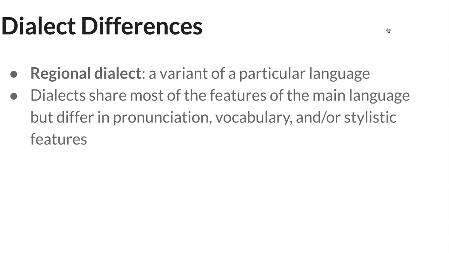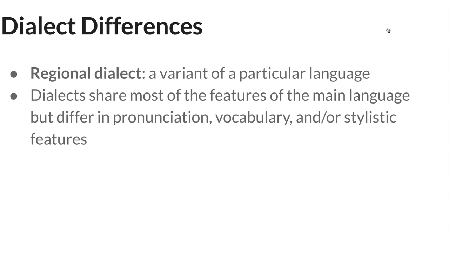So, some dialect differences. Number one, we can have a regional dialect, which is a variant of a particular language. Dialects share most of the features of the main language, but differ in pronunciation, vocabulary, and or stylistic features. But again, dialects can be really different.